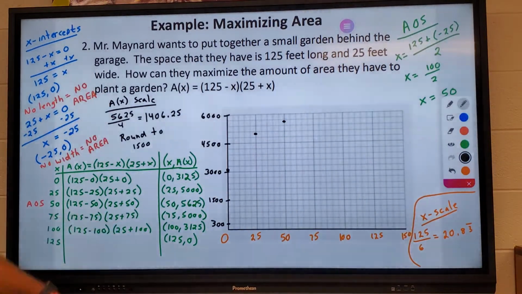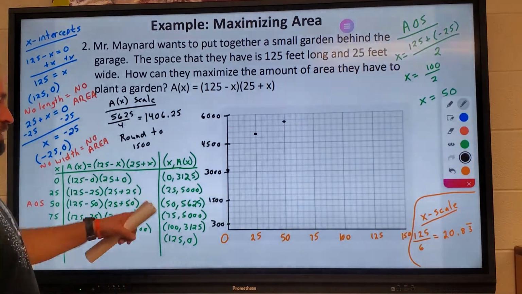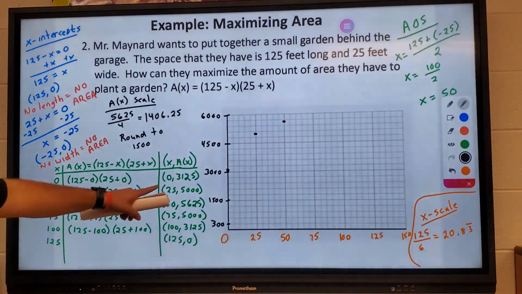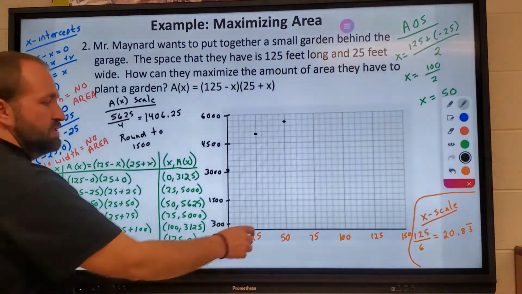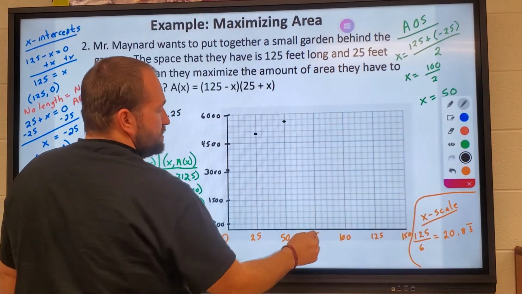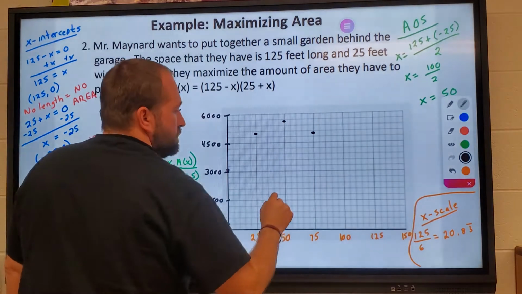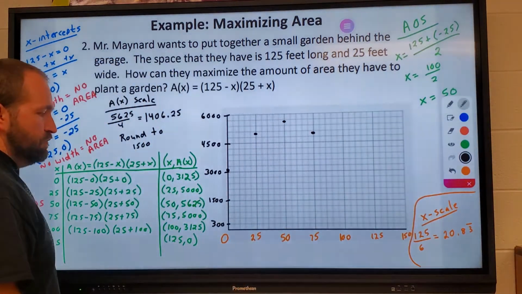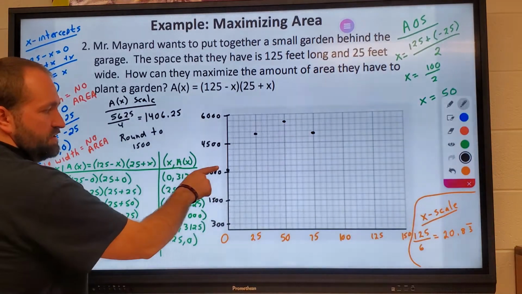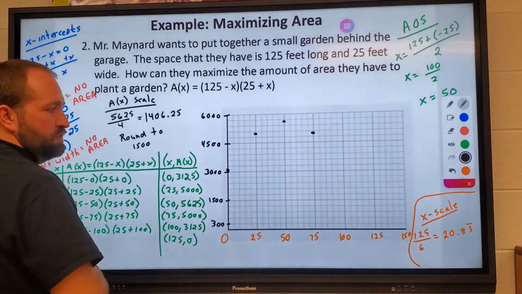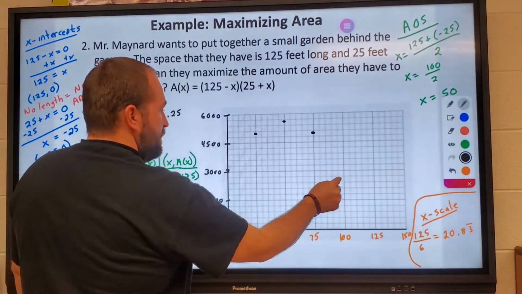Okay. On to the next one, we have 75, 5,000. The nice thing is that reflects off of the 5,000 from the 25, so I can just go here and go straight across on the 75 and make my dot. 100 was 3,125. Similar fashion with this 0, 3,125. I can just line it up here.